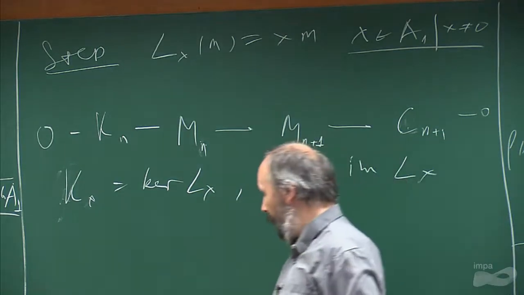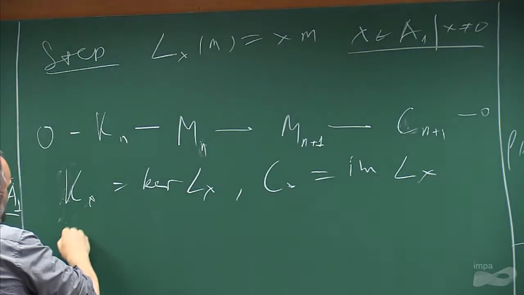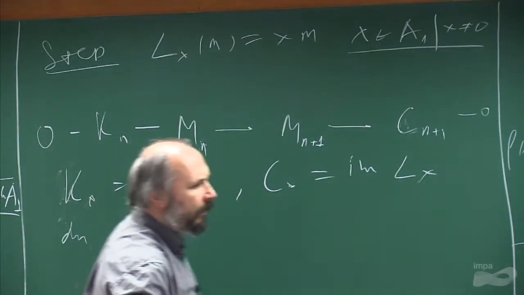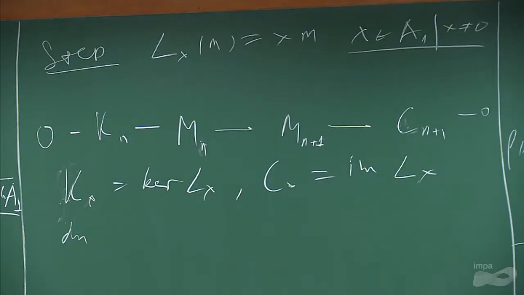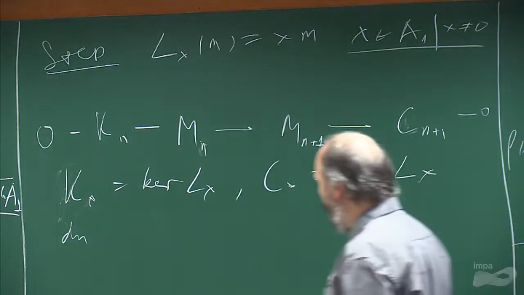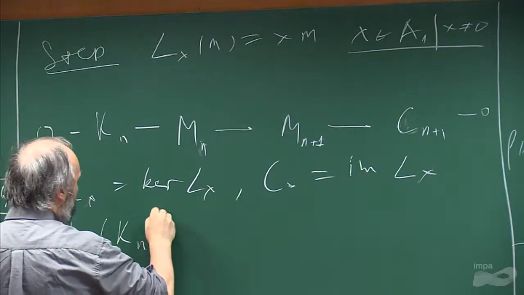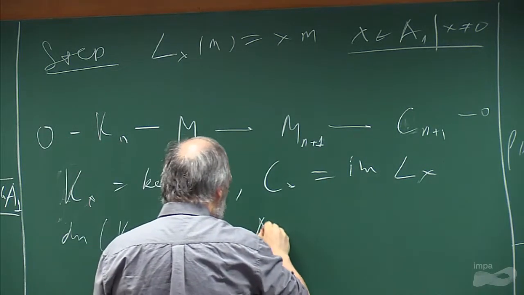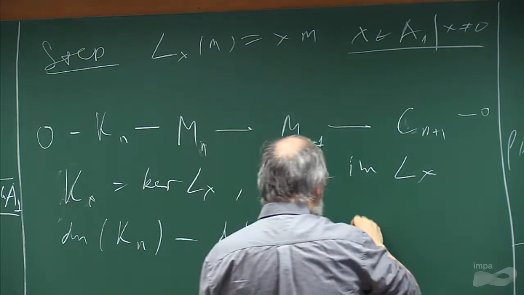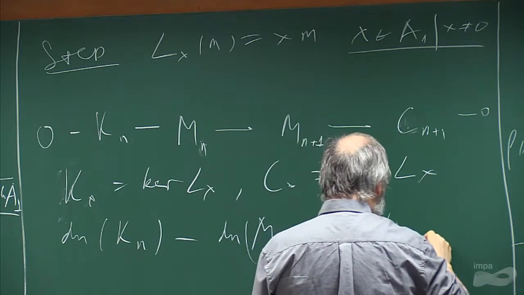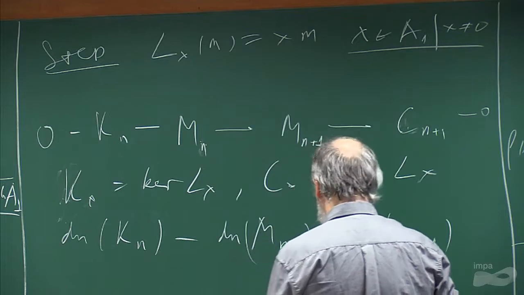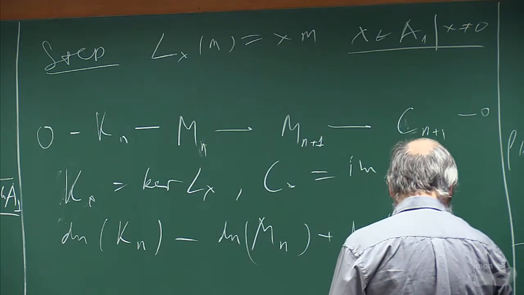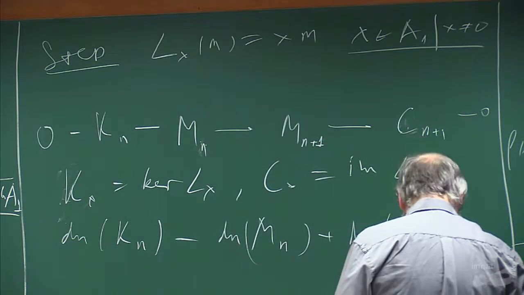Well, it's obvious. So what you have is dimension of K_n minus dimension of M_n plus dimension of M_{n+1} minus dimension of C_{n+1} is equal to 0.